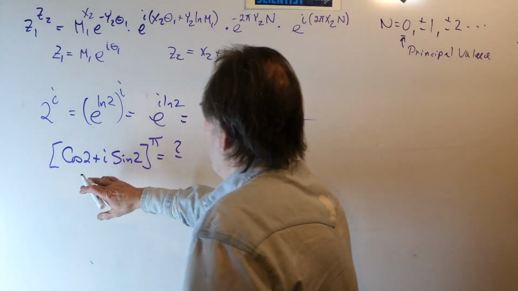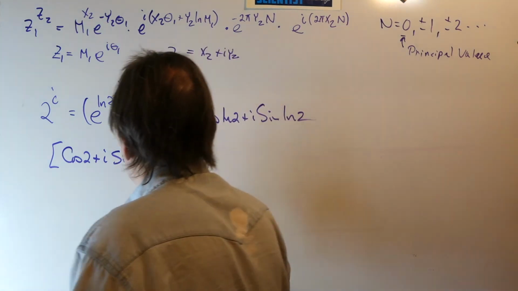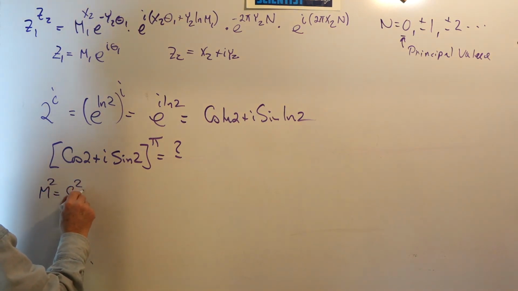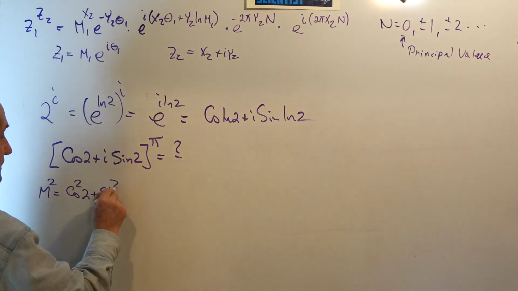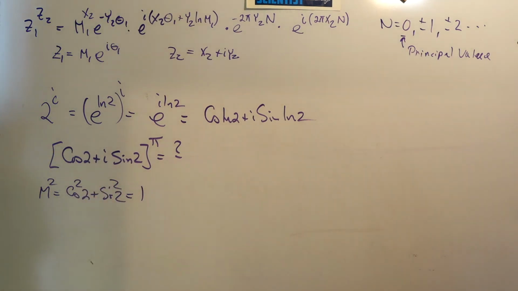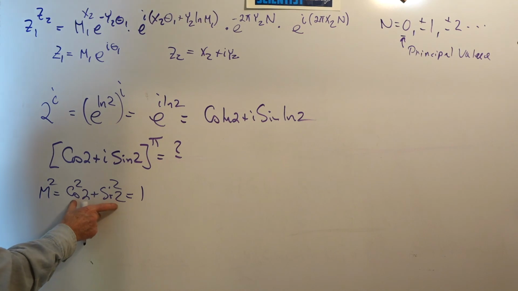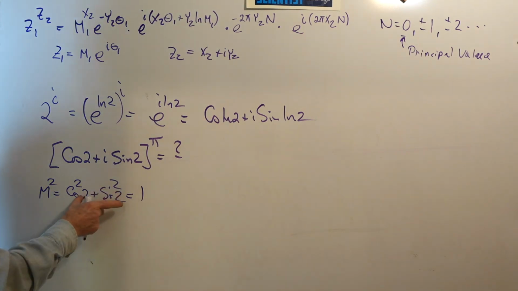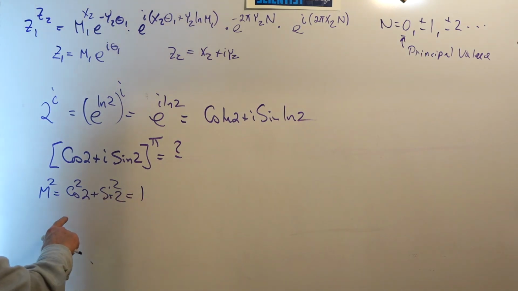So in exponential form, the magnitude squared is just cosine squared of 2 plus sine squared of 2, which is 1. Using the trigonometric identity, sine squared plus cosine squared of the same angle is identically equal to 1. So our magnitude is 1.